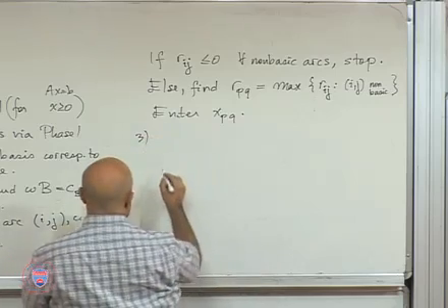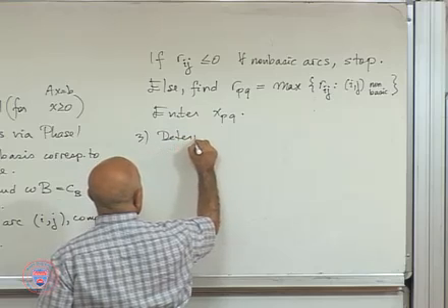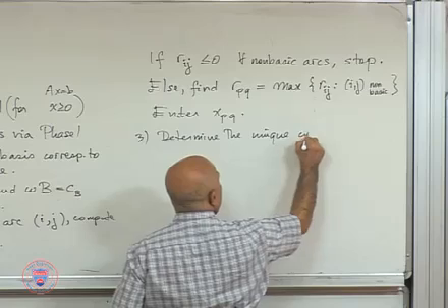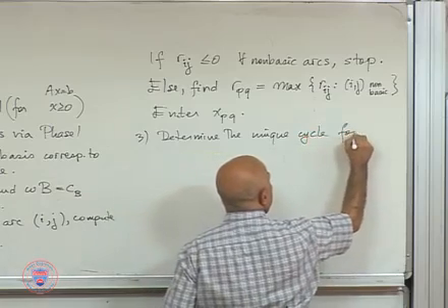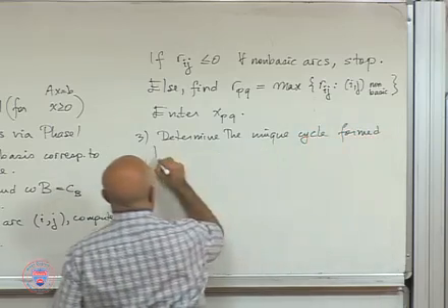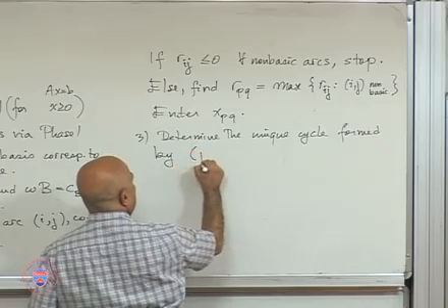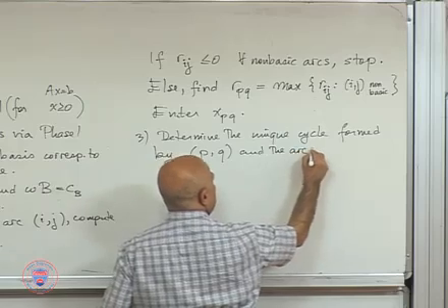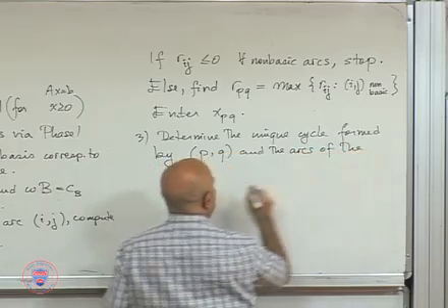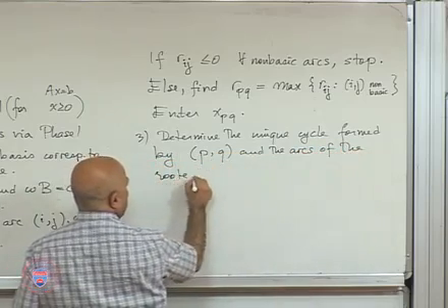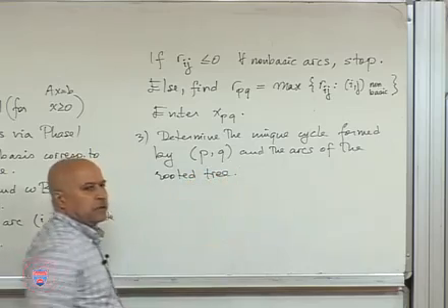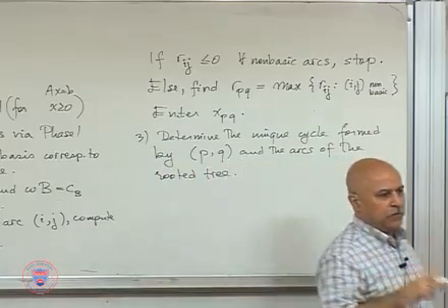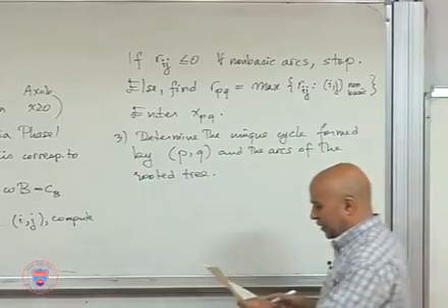Step 3: determine the unique cycle formed by the incoming arc PQ and the arcs of the current rooted tree. See, the rooted tree under consideration does not have any cycles. When you add an arc, it forms a unique cycle, so it's easy to identify that.